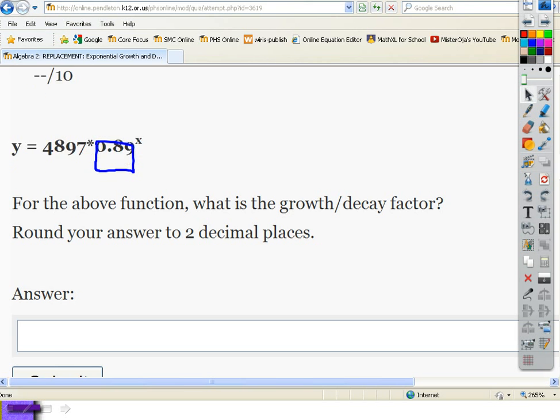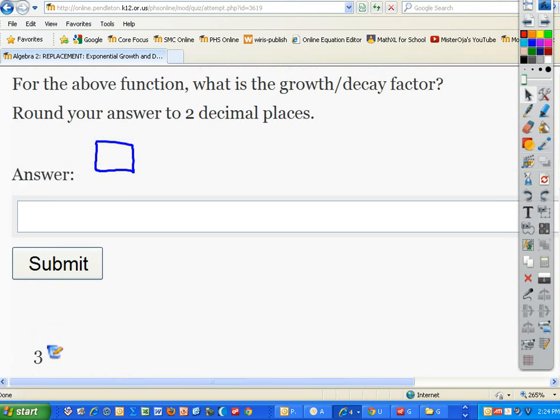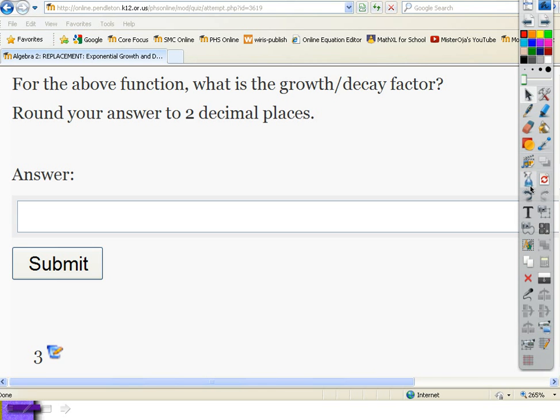Now, a better way to do this, honestly, growth factors are great, but we're not used to talking about growth factors. What we're used to talking about is percent growth. That's something you might hear about a lot. If you read the paper, you're going to read that the economy is now growing at a 2% rate of growth. What does that mean? A town in, let's say, Sherwood, Oregon is growing really rapidly.